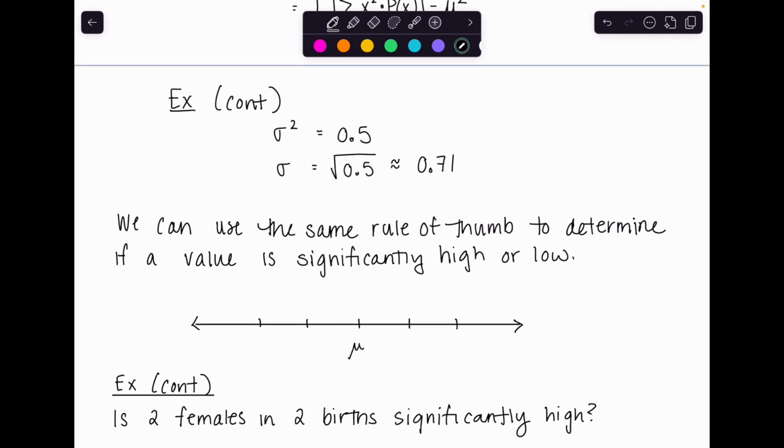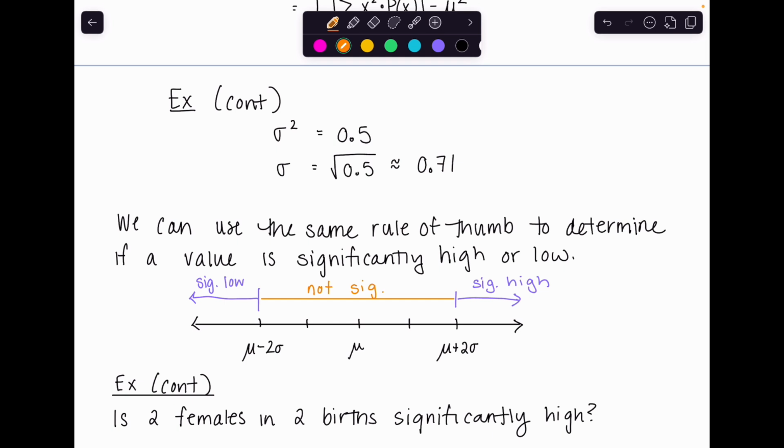We find that mean for the probability distribution, and then if we add 2 standard deviations, it gives us the cutoff, and anything over here is going to be significantly high. And then if I subtract 2 standard deviations, anything over here is going to be significantly low. And then all the stuff in between is just typical data. It is not significant at all.